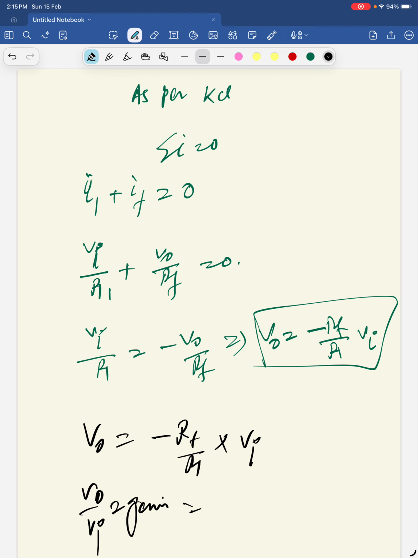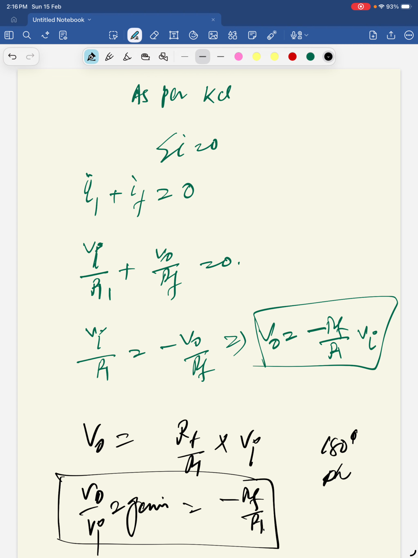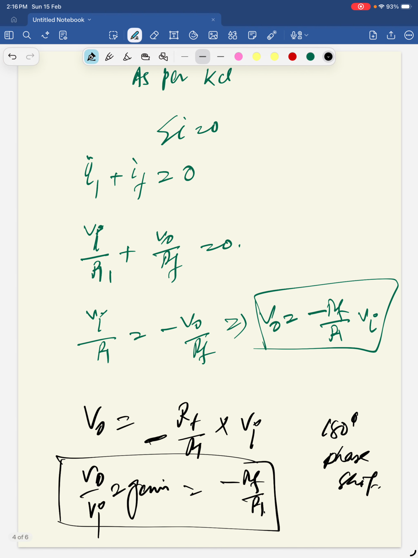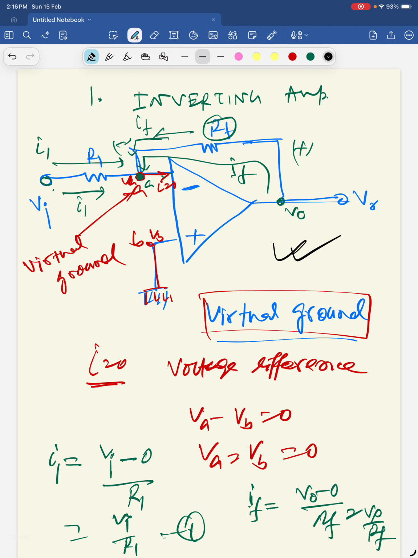The conclusion is that the output voltage is negative with respect to the input voltage, so there is a 180-degree phase shift between input and output. As the output is negative, this is called the inverting amplifier. This is the circuit diagram and the corresponding calculation for the output voltage of the inverting amplifier.